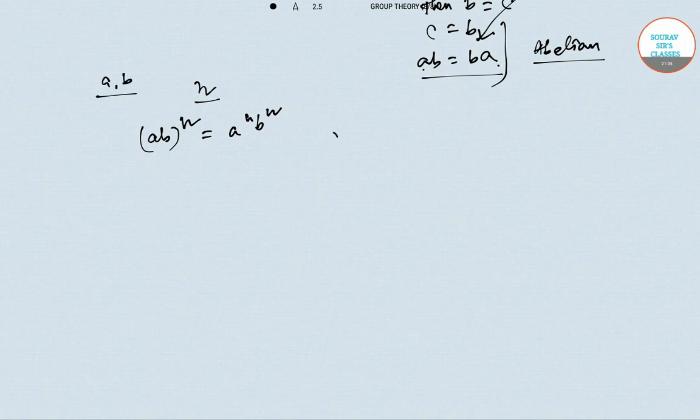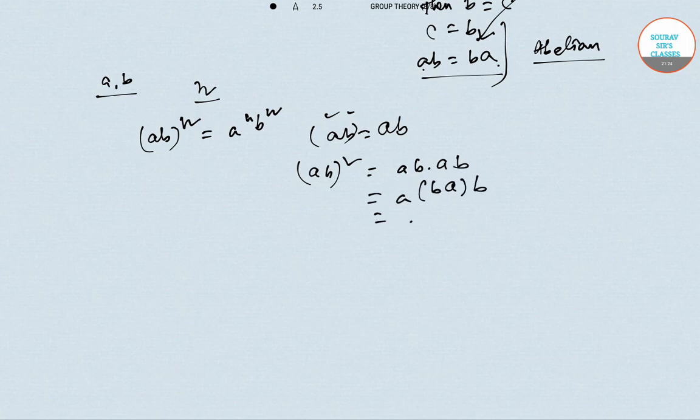Since G is an abelian group containing two elements a and b, ab equals ba. If we take the square, it is ab into ab, that is a, ba, b, and since ba equals ab, we get aabb, which is a square, b square.